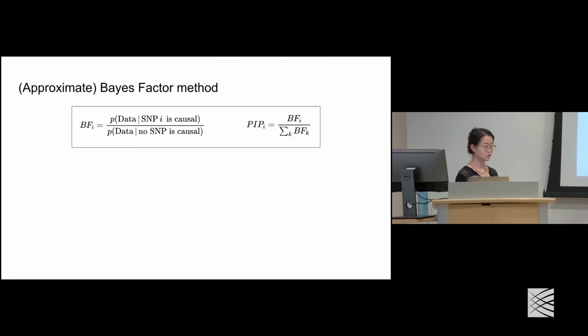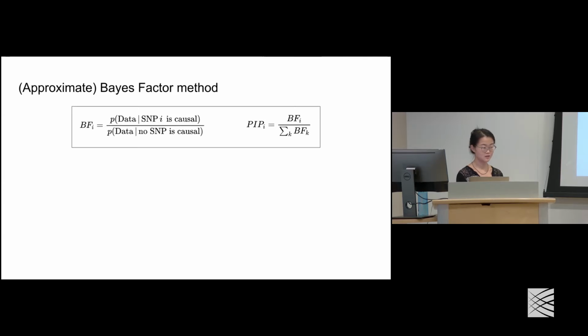It's a likelihood ratio. It's basically saying how much more likely is the data to be observed given that SNP i is causal than given no SNP is causal. So this Bayes factor can be, okay, maybe 10-fold more likely given this causal model over the non-causal model, or maybe 100-fold more likely.